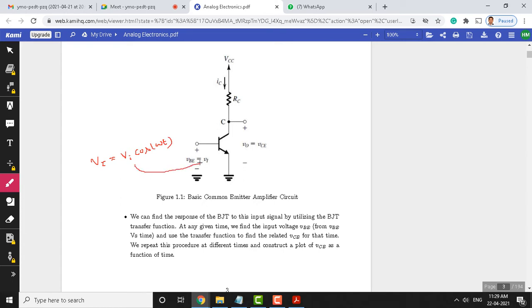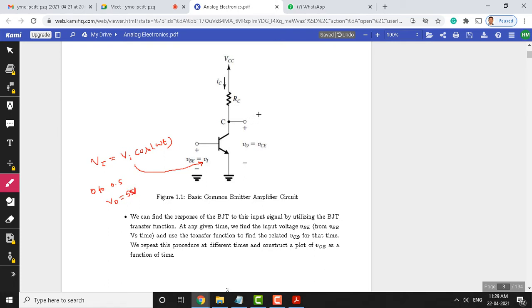Now, see what happens when the cosine signal is applied. When the input is lying between 0 and 0.5 volts, the output remains at 5 volts here.